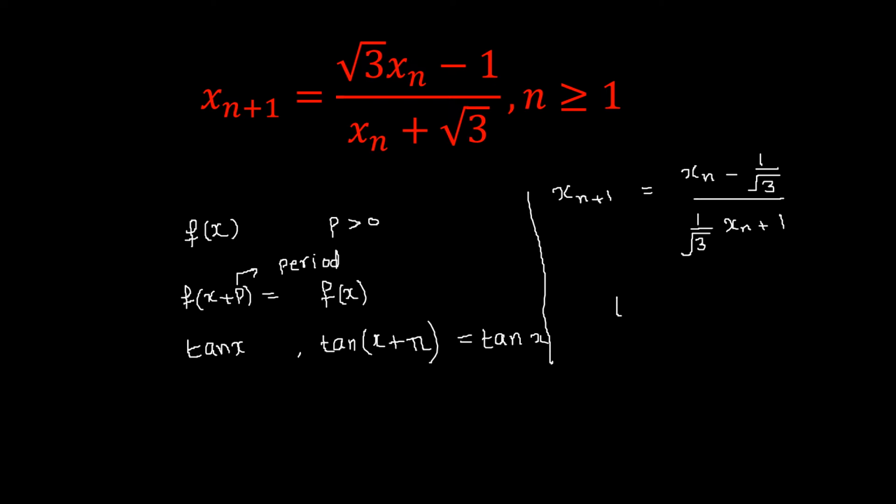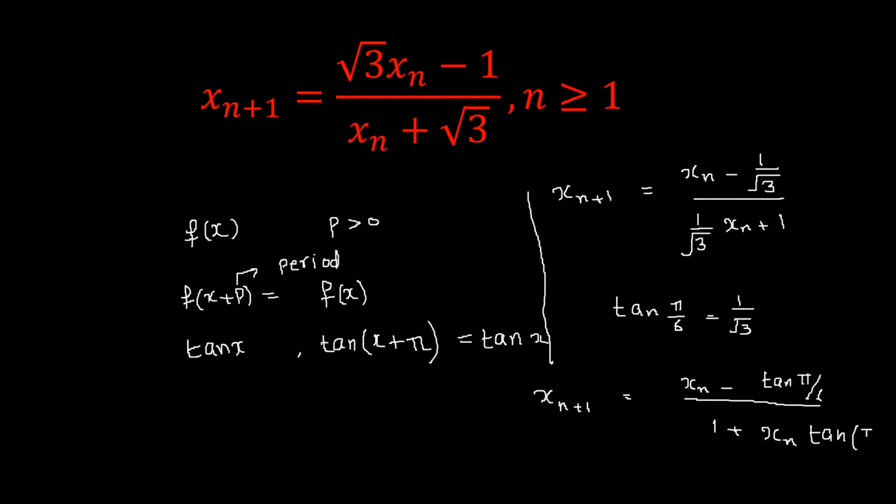First of all, you remember that tangent of pi/6 is 1/√3, right? So that gives x_{n+1} = (x_n - tan(pi/6)) / (1 + x_n tan(pi/6)).